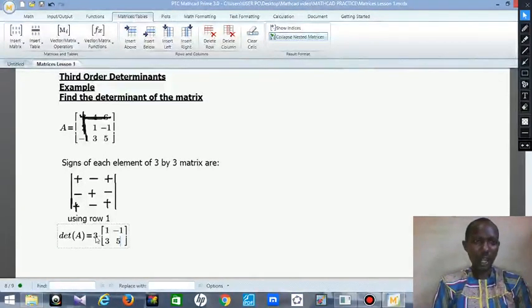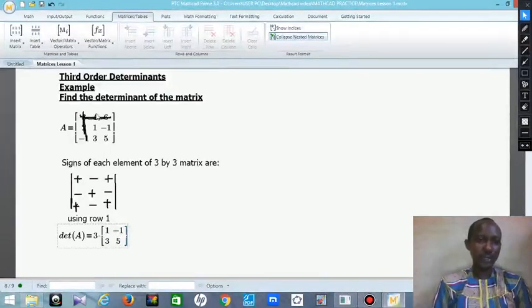You bring the number out, 3. Then you use your pencil or whatever you are using to cover the line so that you will not make a mistake, horizontal, vertical. Then the numbers you are left with are 1, minus 1, 3, and 5. You now write them inside the bracket like this, which is a 2 by 2 square matrix. So this is the first step to do.